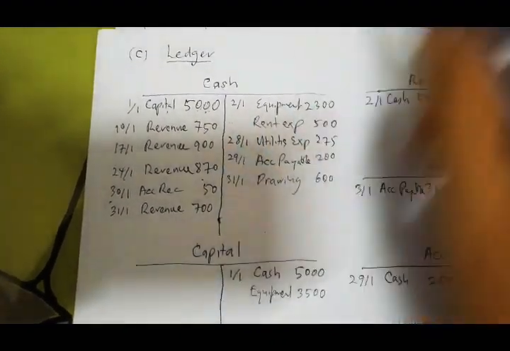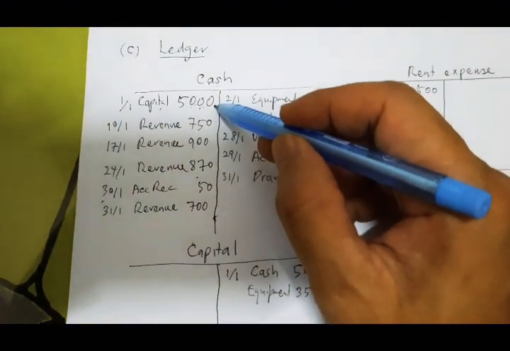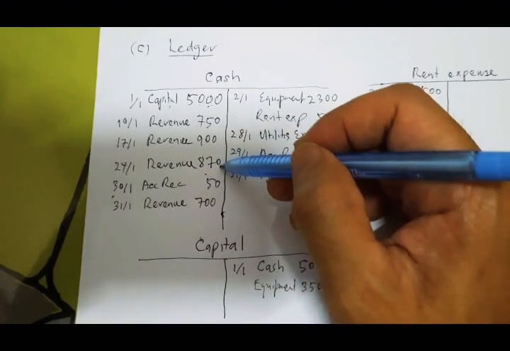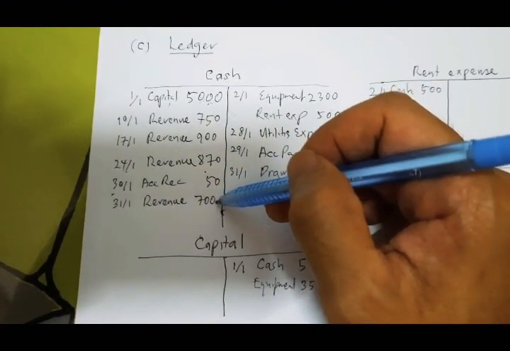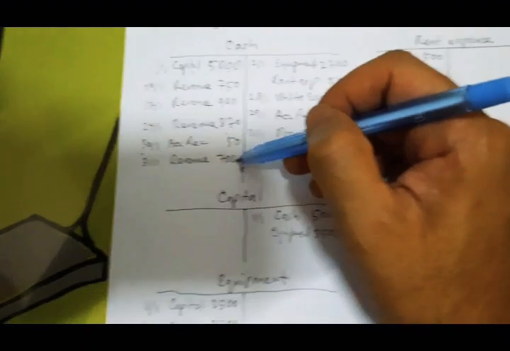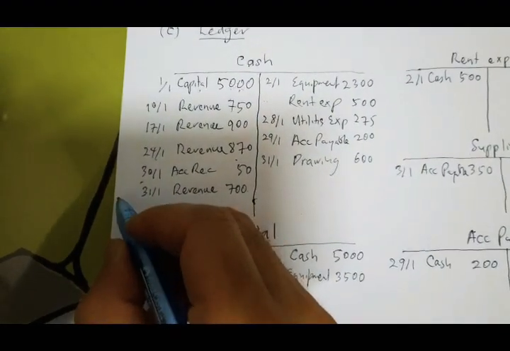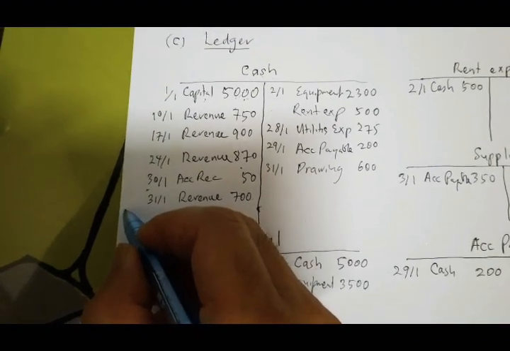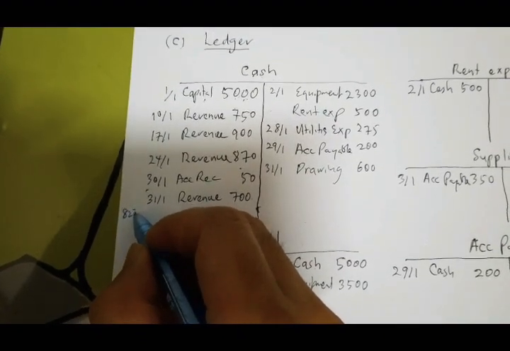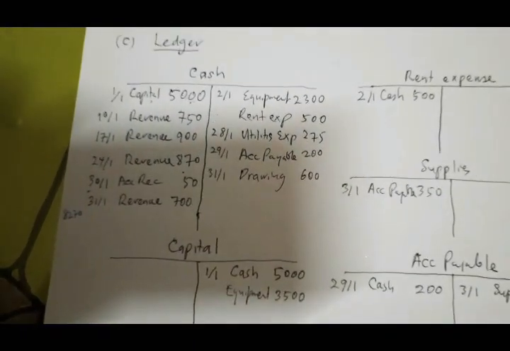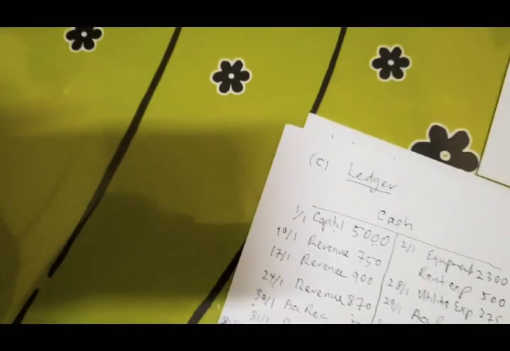So now you add all these numbers: 5,000 plus 750 plus 900 plus 870 plus 50 plus 700. The total for this side is 8270.